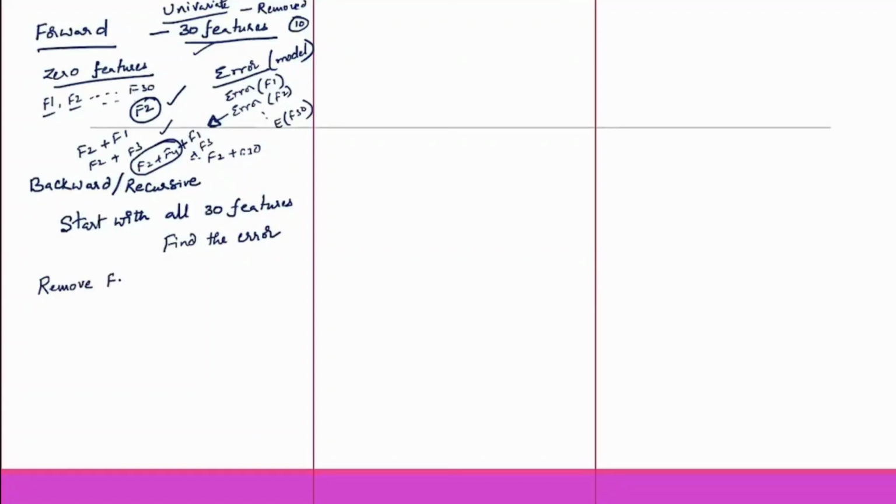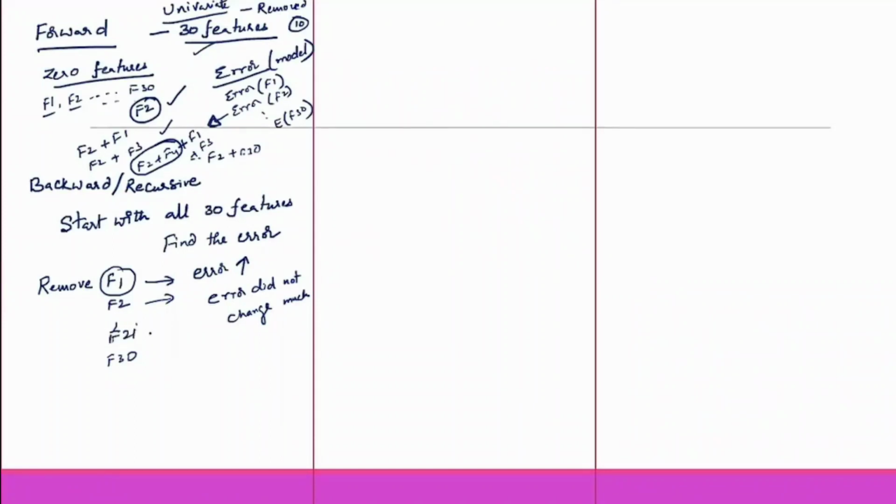See whether the error has increased or not. If the error has increased by removing F1, probably F1 cannot be removed. Similarly, remove F2, F30. In which case did the error not change much? Let's say with F21, the error did not change.